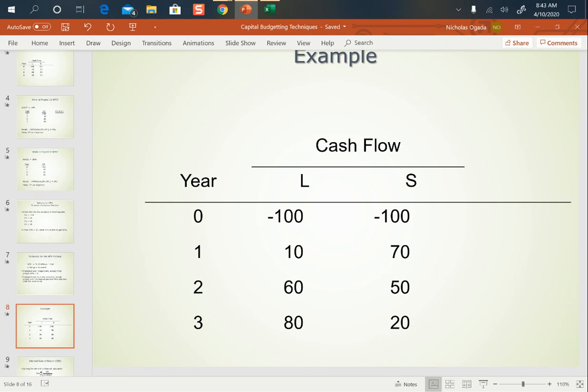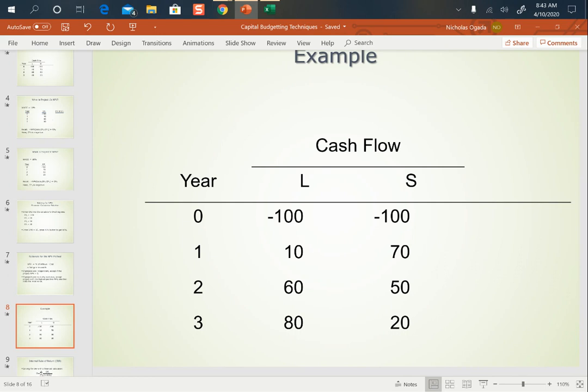But then, of course, there's a cash inflow for L and also for S. The difference is they have different inflows. In L, you have 10, 60, and 80. And for S, the inflows are 70, 50, and 20 over a 3-year period.